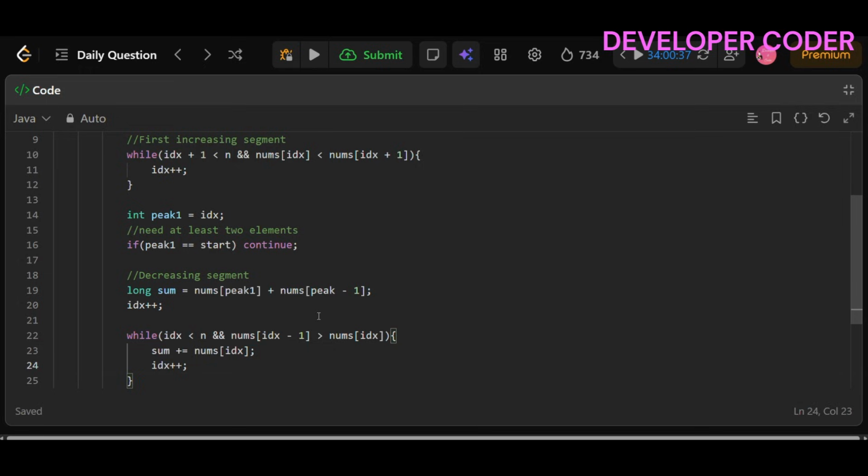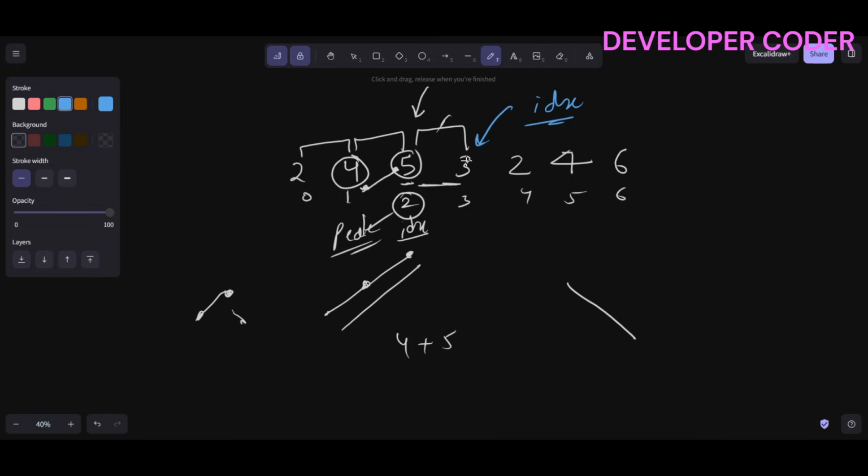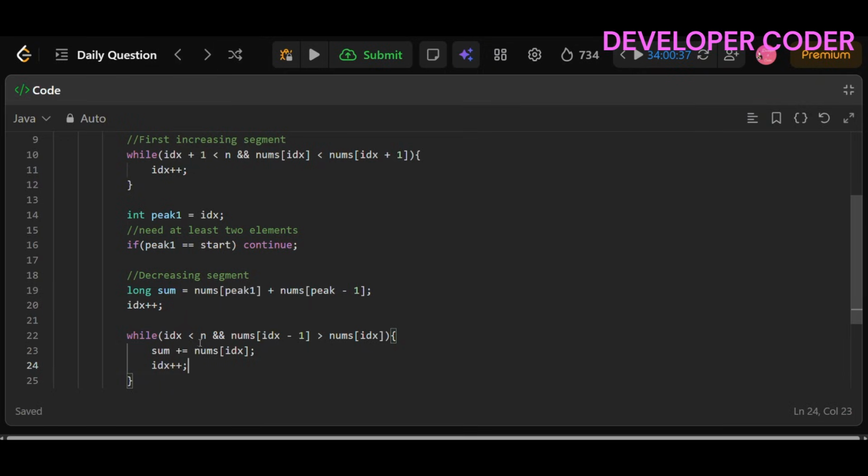Now here if you notice, my idx, I'm going to compare this, then here 2 4 5, then 3, then I will take 2, then after that I'm going to compare this, and then after that I'm going to compare this 4. So my idx reaches here. Because here if you see, I am first incrementing the index and then comparing the previous value.